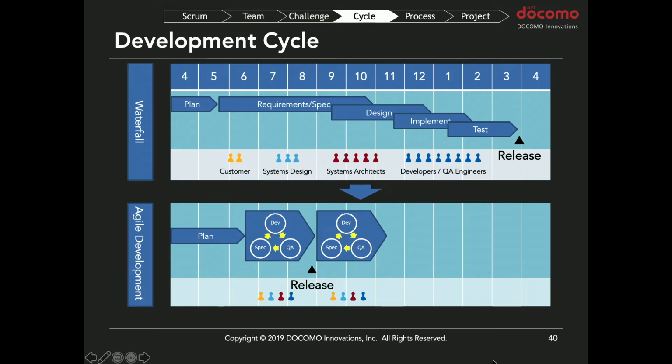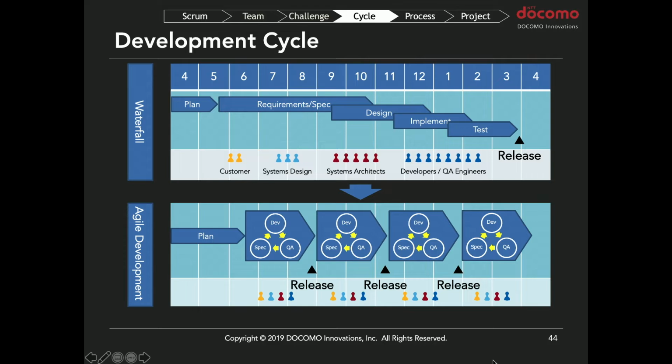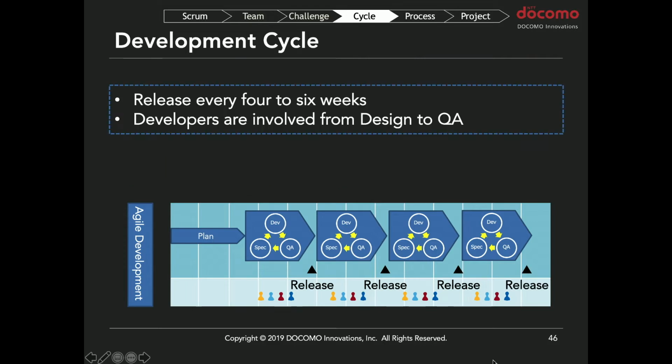So we iterate that cycle again and again. In that way, we have lots of releases. Every 4 to 6 weeks, we can have some releases. Actually, in a cloud project, we release this kind of short-term outcome. And developers are involved from the design to quality assurance.